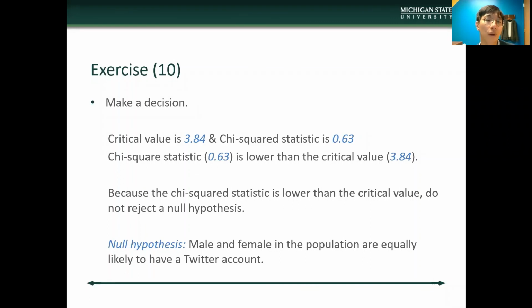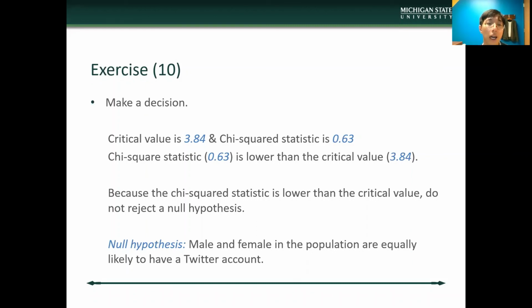Then we have to make a decision by comparing the chi-square statistic with the critical value. We calculated the chi-square statistic, and the value is 0.63, and the critical value at the significance level of 0.05 is 3.84. So we compare the chi-square statistic 0.63 with the critical value 3.84.